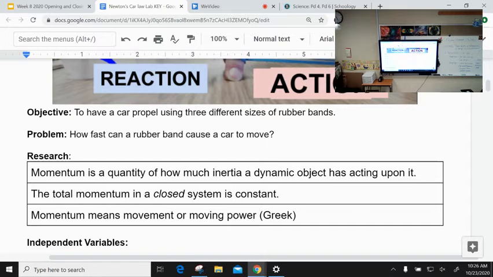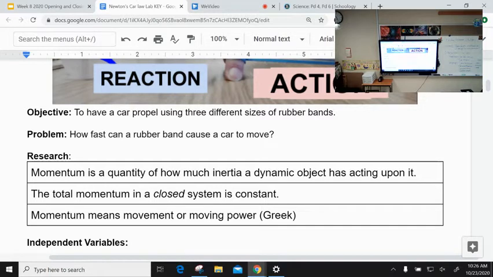So if this is your formula, on Monday, you messed with the mass. Today, you're going to mess with velocity. So that means, if you're going to mess with the velocity, in that bin, aside from rubber bands and a car, what else has to be in there?